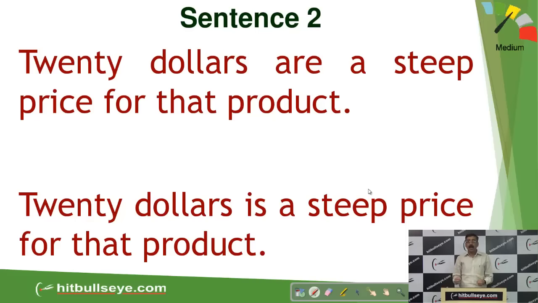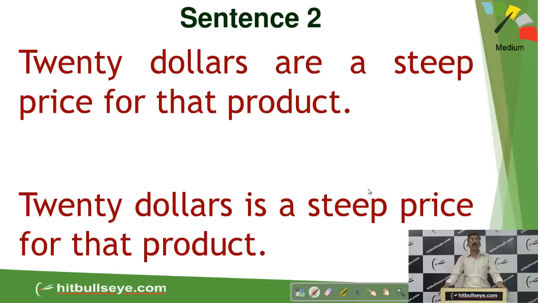Whenever we are using any particular commodity in the form of a consolidated unit, then the verb following it is singular, because we are talking about the price being $20 or $30 or $40. We are not talking about the dollars in general, we are talking about the price in general. And these $20 are behaving like a single unit.